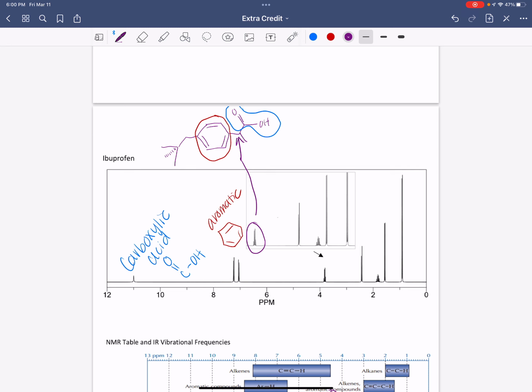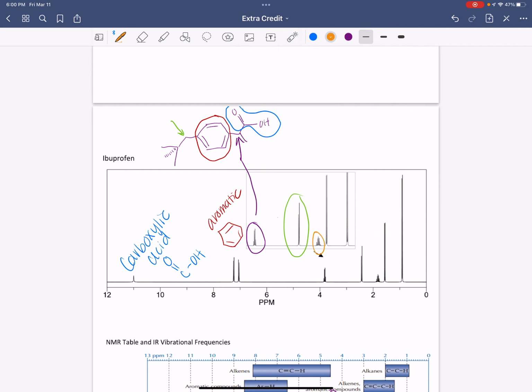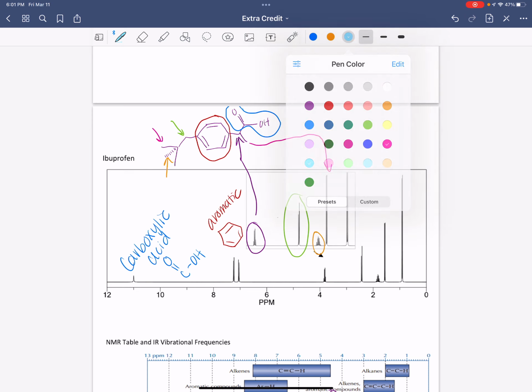And then the next one over would be right here. This one right here. I'll just color code it. This one, that's kind of hard to see. This one would be this bond right there, and then this last one would be right here.